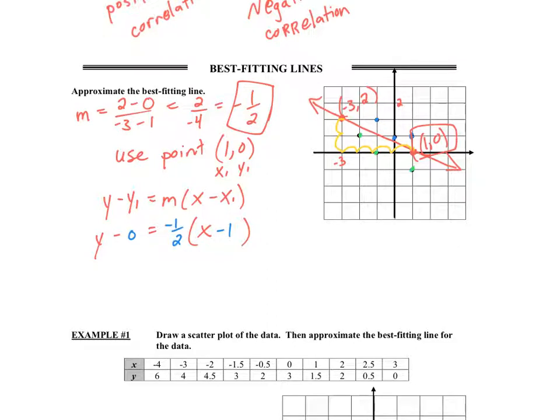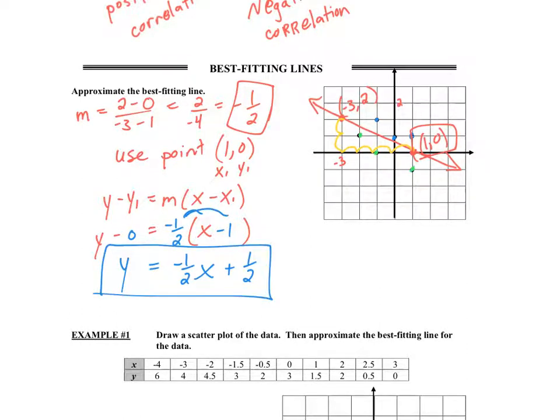We distribute: -1/2 x, and then -1/2 times -1 is +1/2. So we end up with y equals -1/2 x plus 1. That would be the equation for the best fitting line.